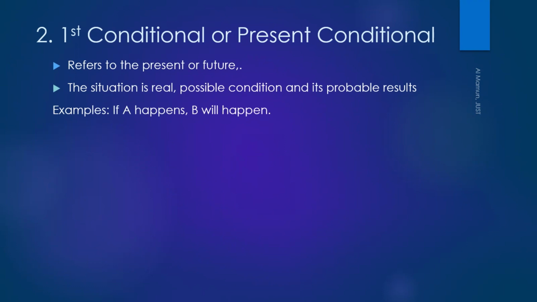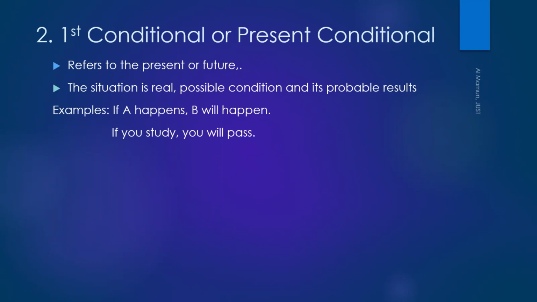For example, if A happens, B will happen. So in the first sentence we have a very real and possible condition, and in the main clause, we have an action which is the probable result of the first condition.